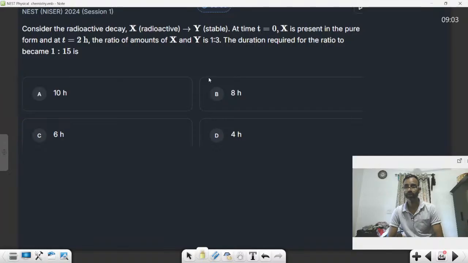So what is the duration required for the ratio to become 1:15? That we have to calculate. So see, we have X to Y. So ratio of amounts of X and Y after 2 hours.